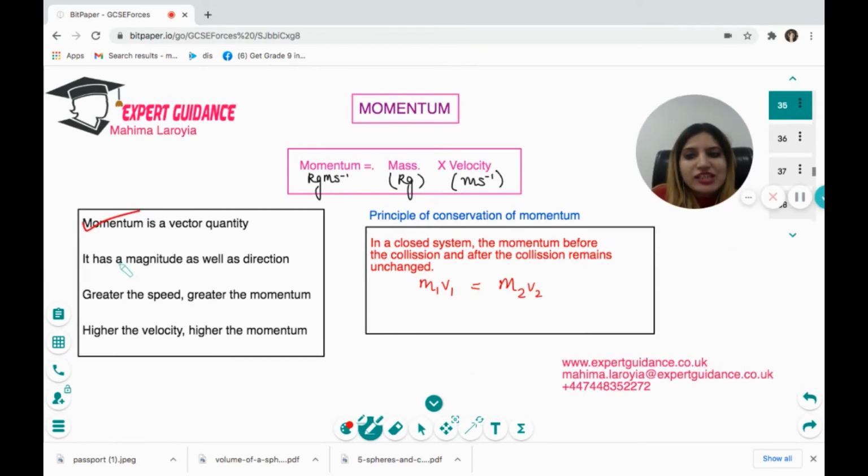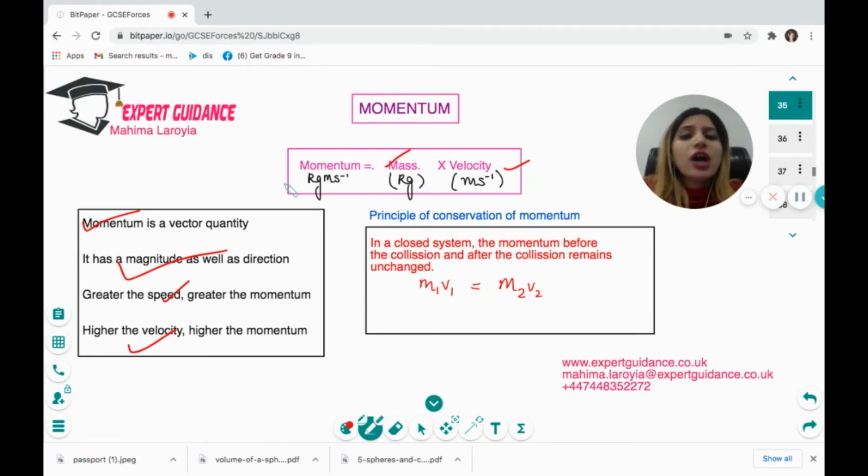So it has magnitude as well as direction, and momentum depends on mass and velocity. So the greater the speed, the greater the momentum; the higher the velocity, the higher the momentum. The unit for mass is kilogram and for velocity is meters per second, so momentum is given in kilogram meters per second. In the exam, they can give you the mass and velocity and ask you to find the momentum, or give you the momentum and ask you to find the velocity.